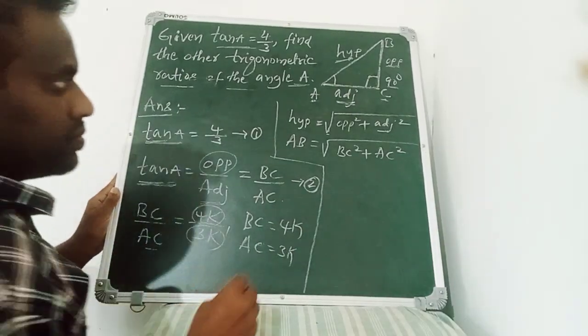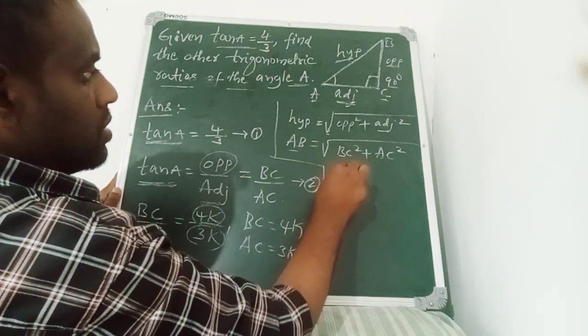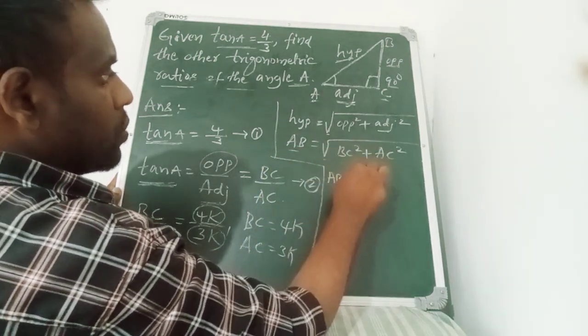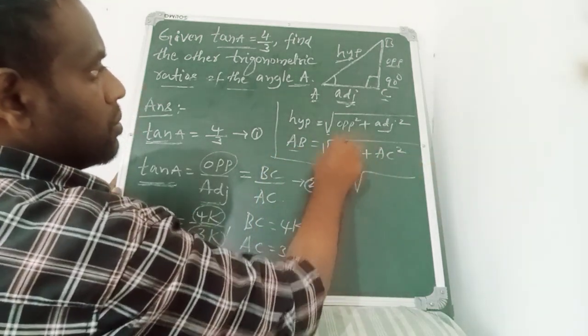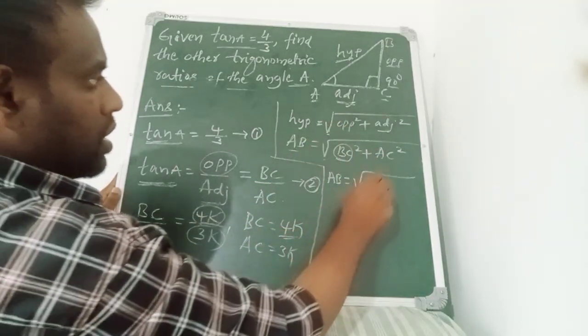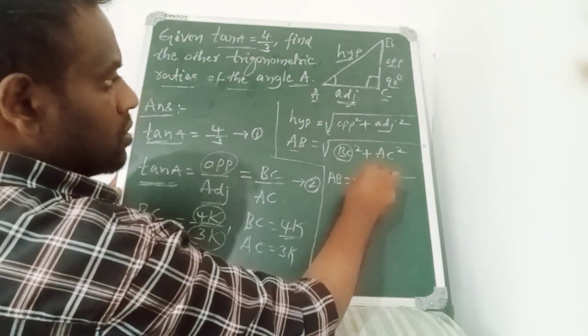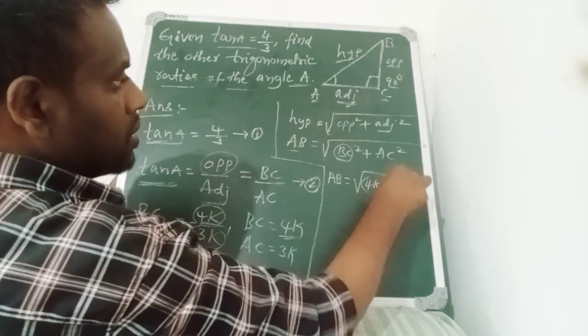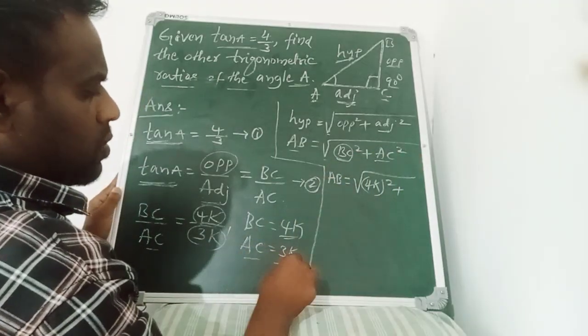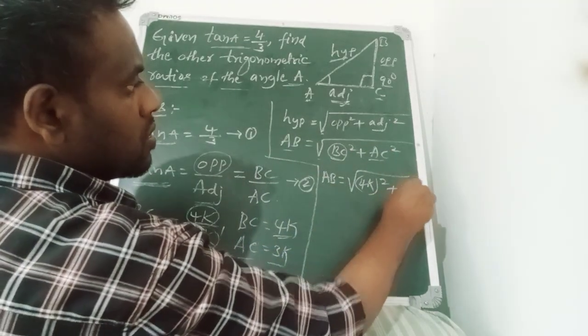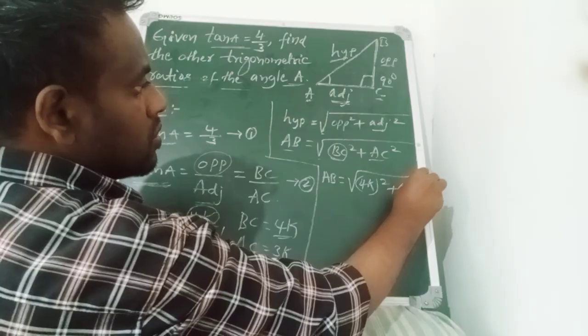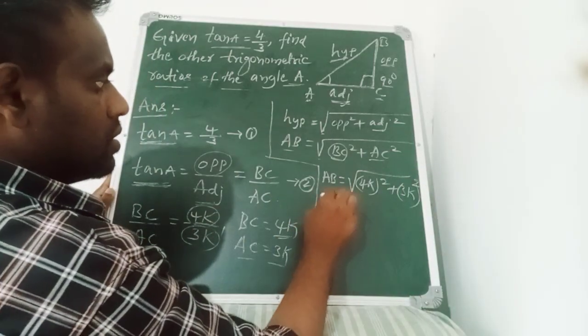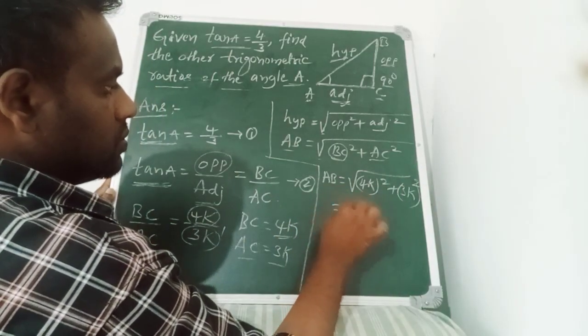AB is equal to the square root of BC square plus AC square. BC is 4K, so 4K whole square, plus AC, which is 3K, 3K whole square. Now next step.